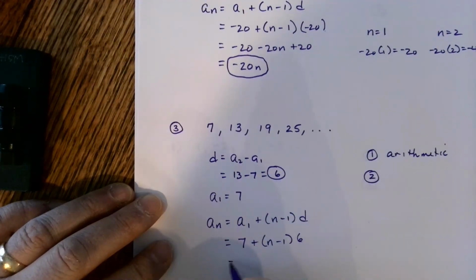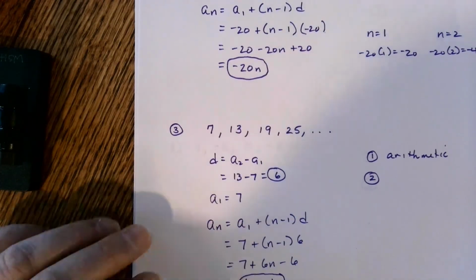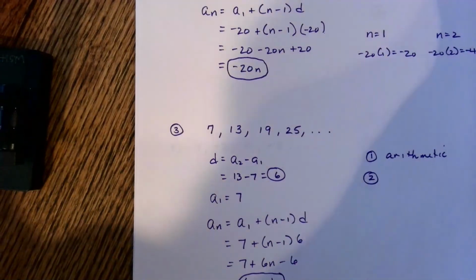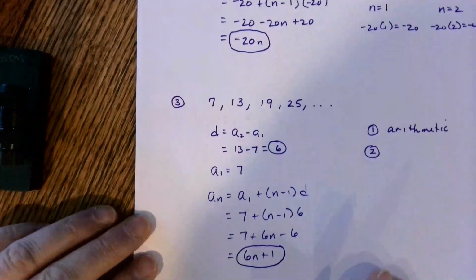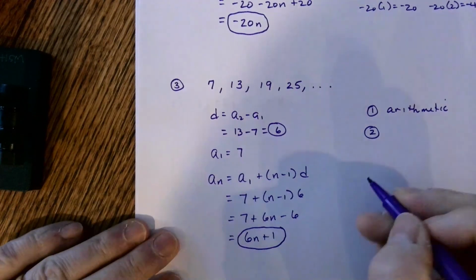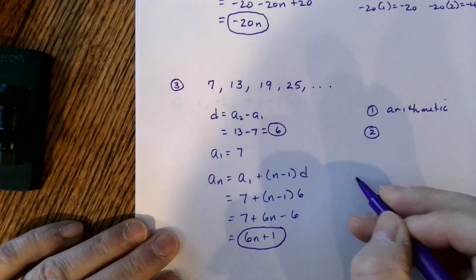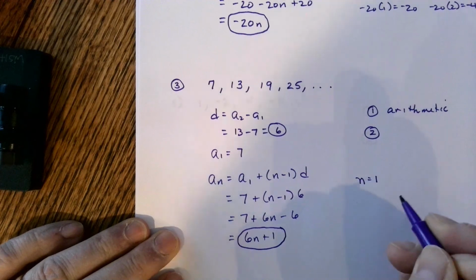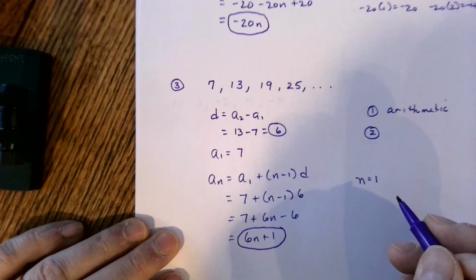Then I clean this up doing the math. 7 minus 6 is 1, and I end up with 6n plus 1, and that becomes my general rule for my equation.